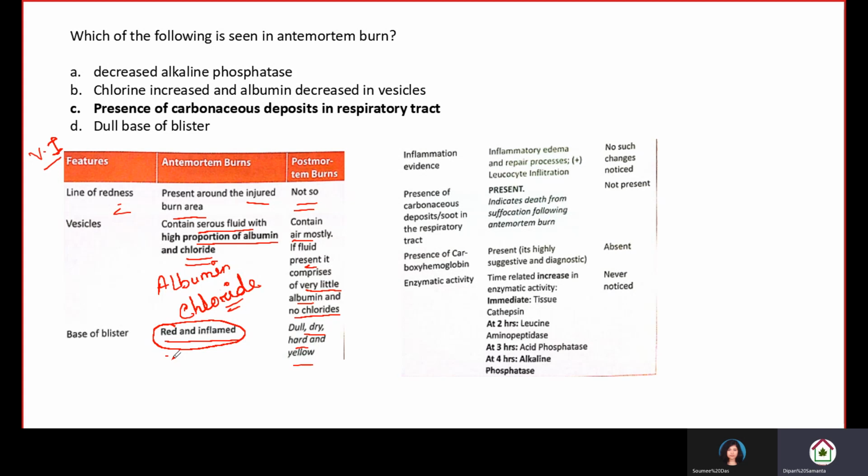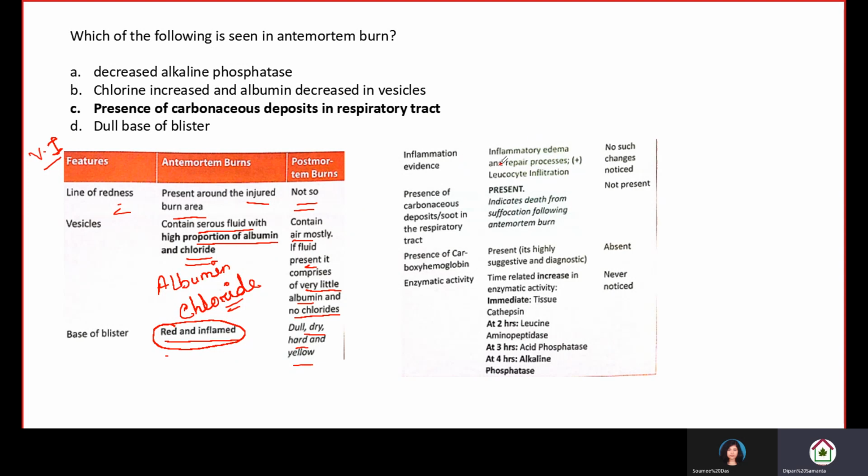Now, do you think features of inflammation can be seen on a dead body? Obviously not, the body is already dead. So in postmortem burning, there is no redness or inflammatory features. In case of antemortem, there is inflammation.